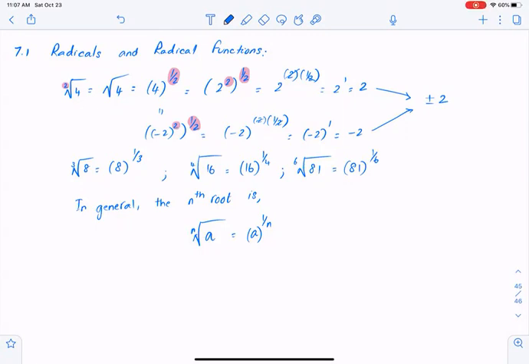So that is what we mean by a radical. I already mentioned the nth root is simply the root sign with that tiny little n. And that is equivalent to saying a raised 1/n.